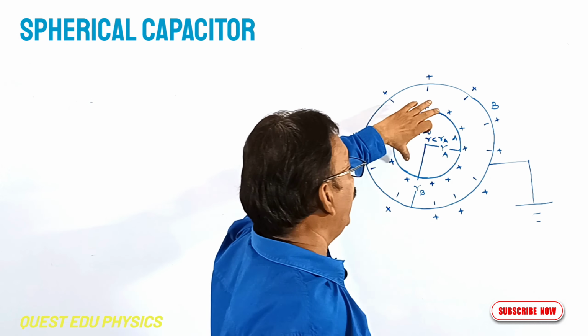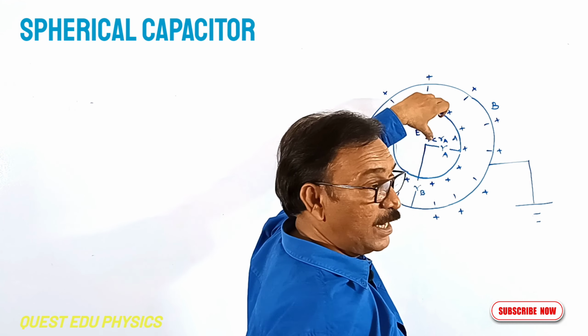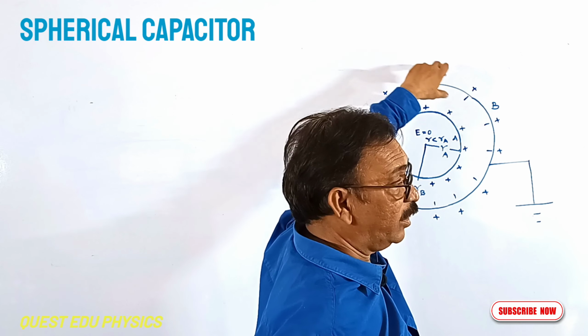Now, students, we are applying the same thing here. That means electrostatic shielding for the B sphere.